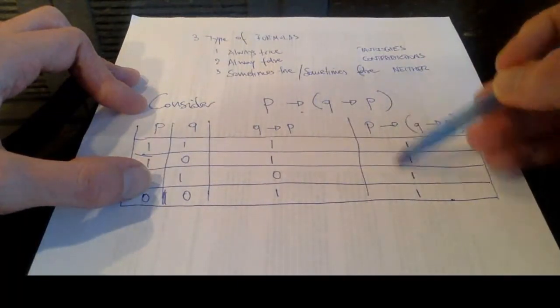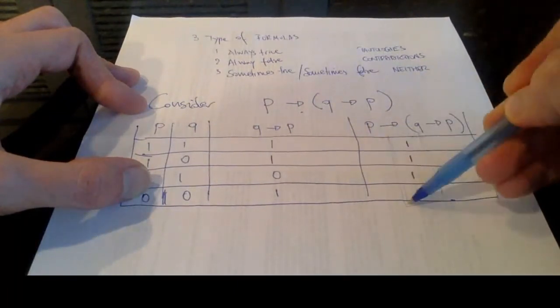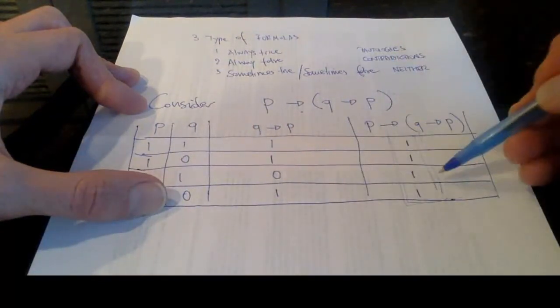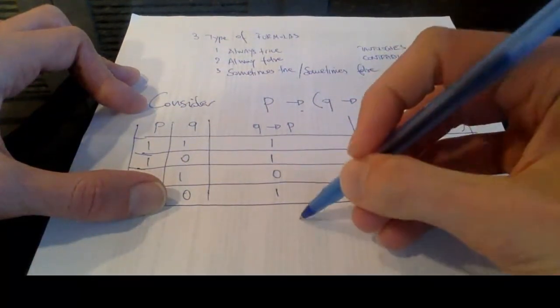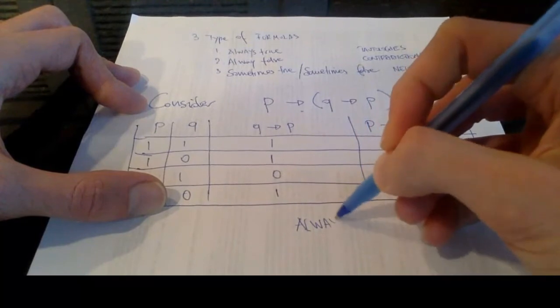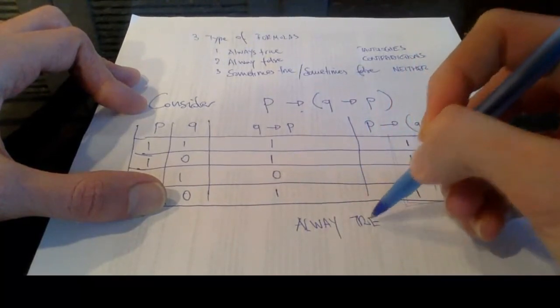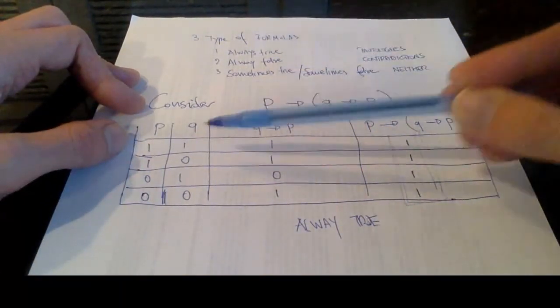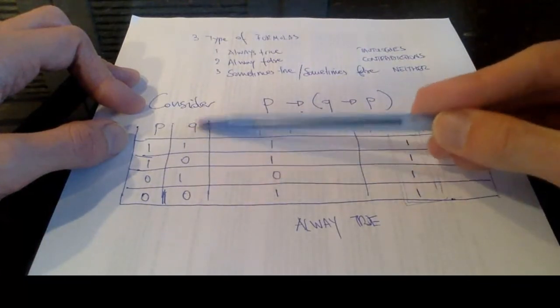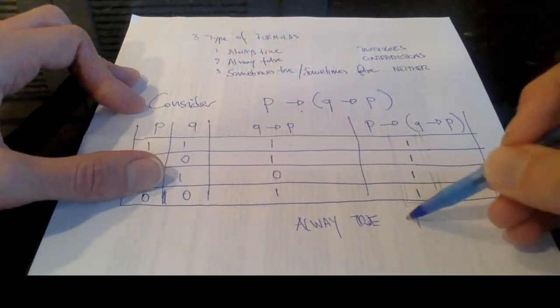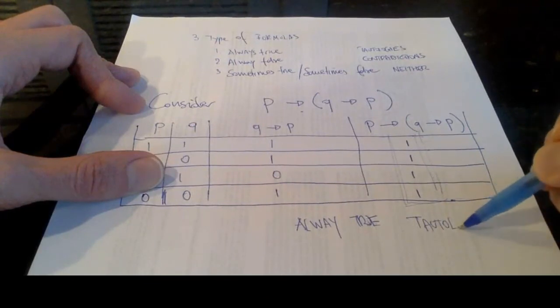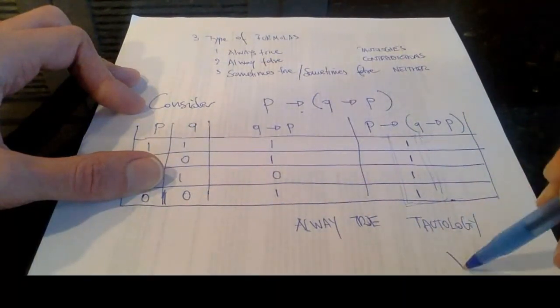And so what we see, what's interesting here, is that this formula is always true, no matter the truth value we assign to the various atomic formula. And so therefore it is a tautology, and we are done.